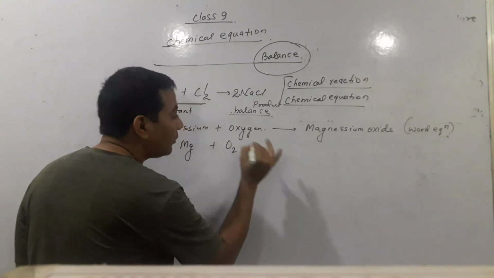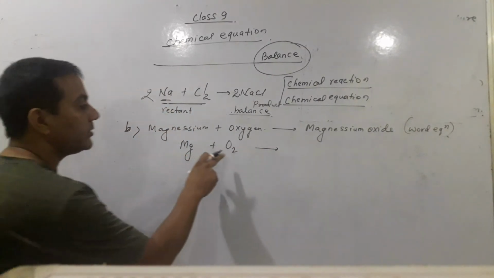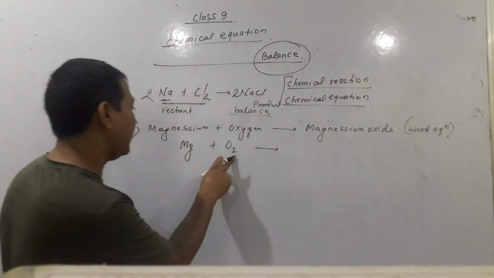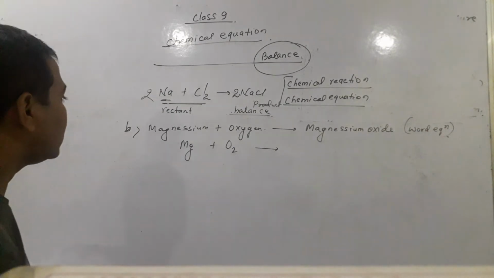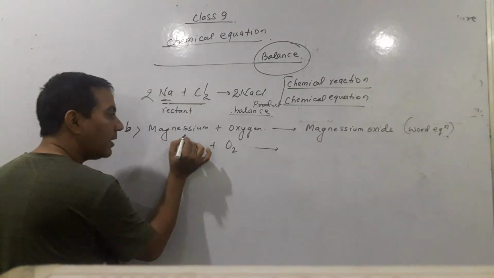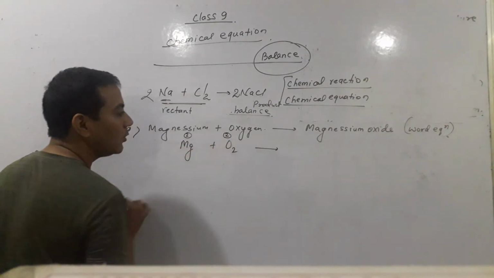Therefore, we have to write 2 here. Okay? Why is 2 written here? Because it is a diatomic element. And magnesium is Mg. What is the valency of magnesium? We must remember that the valency is 2 and here the valency of oxygen is 2.